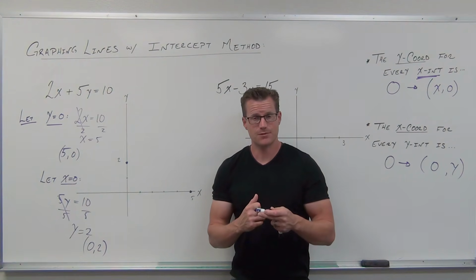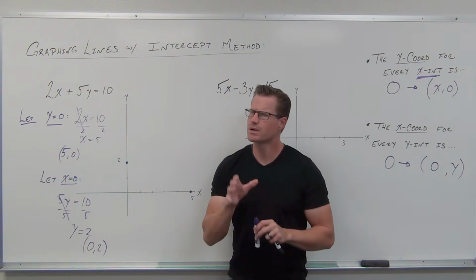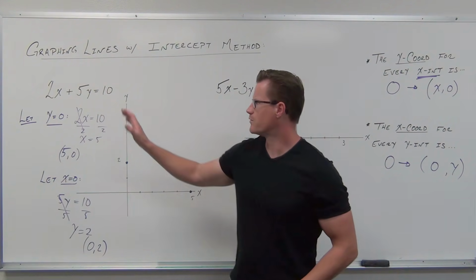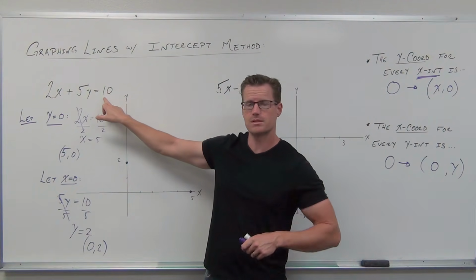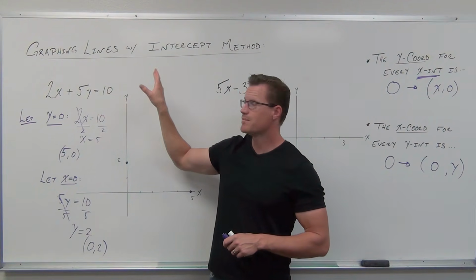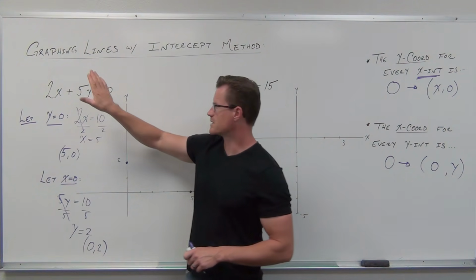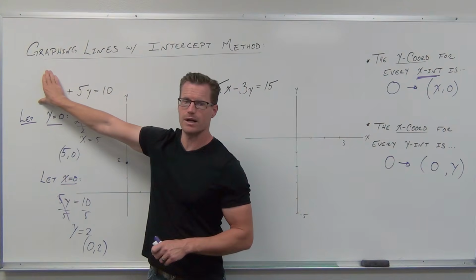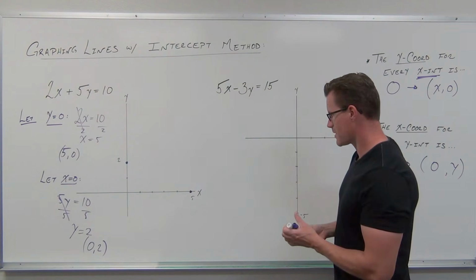We are going to be learning different techniques for different forms of a linear equation. If you're given something in standard form with your variables on one side and a non-zero constant on the right-hand side, the intercept method is your best friend. It's going to let you graph by simply covering up and dividing. That's piece of cake. So we have 2 points. Let's graph with the intercept method of a line.